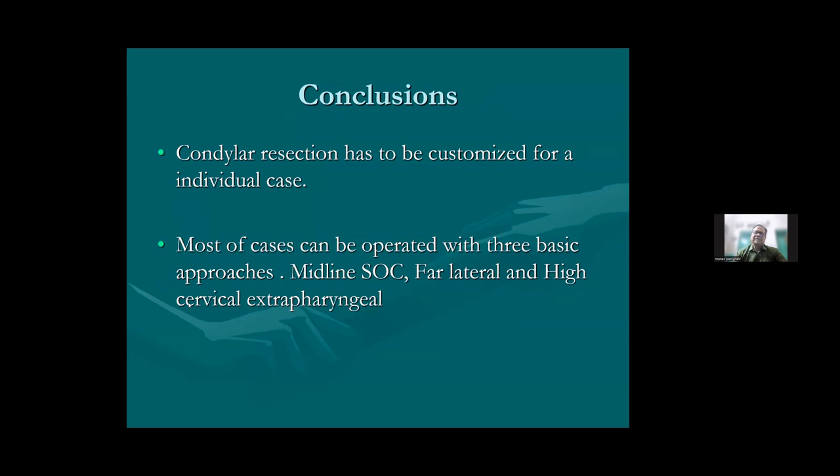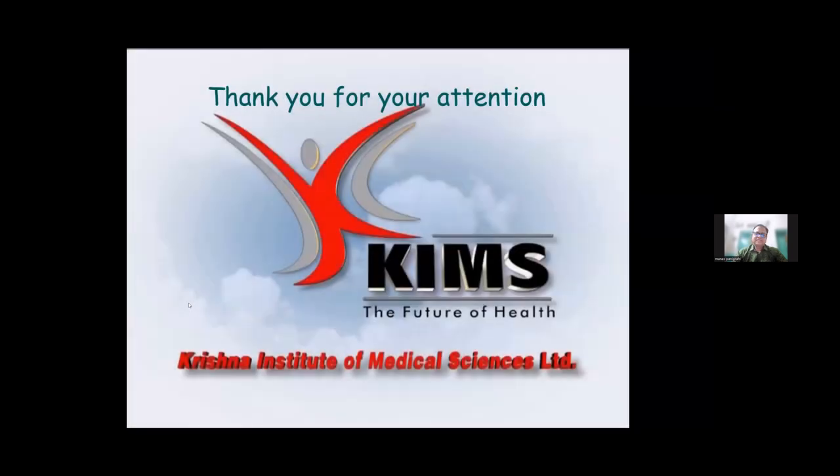One has to visualize it from the MRI, whether any surface of the tumor is seen between the neural structures or through the four corridors I explained. Those cases can be done through the posterior approach. Other cases, one has to do a paralateral or extreme lateral or a high cervical extrapharyngeal approach in tumors of the foramen magnum. Thank you for your attention.